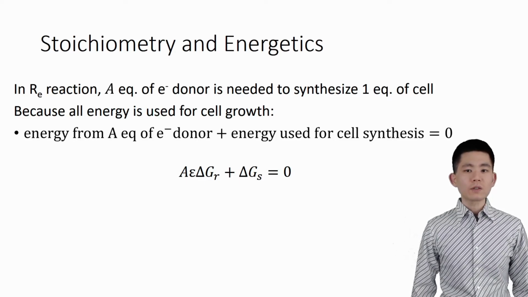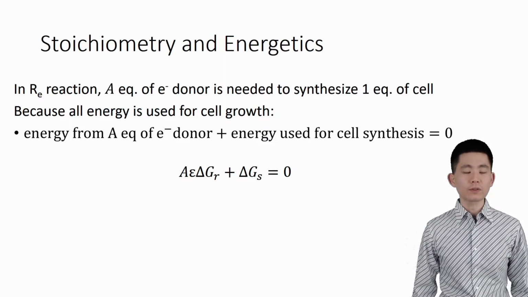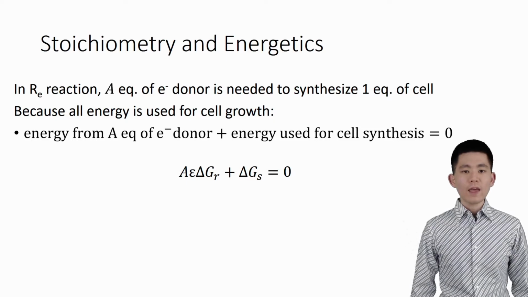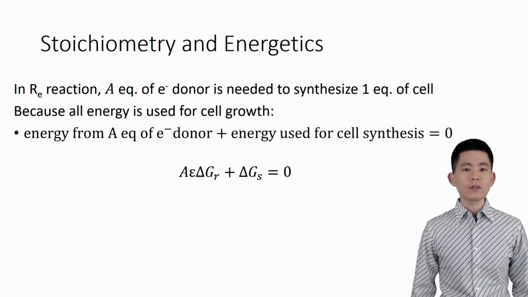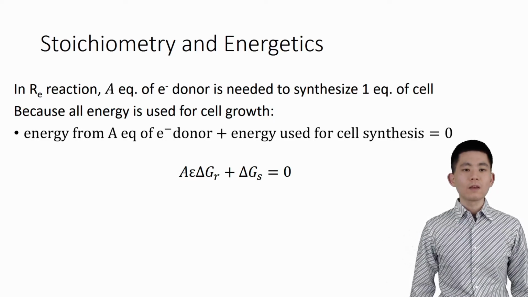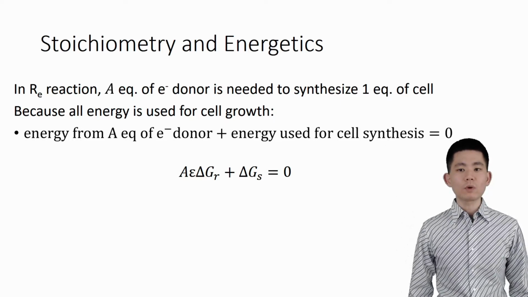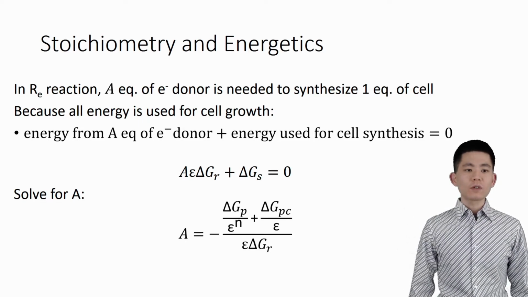Energy released from A equivalent of the electron donor equals energy consumed to synthesize one equivalent of cells. A epsilon delta Gr is the energy generated from electron donor to synthesize one equivalent of cells, and delta Gs is the energy used to synthesize one equivalent of cells. We can then solve for A.